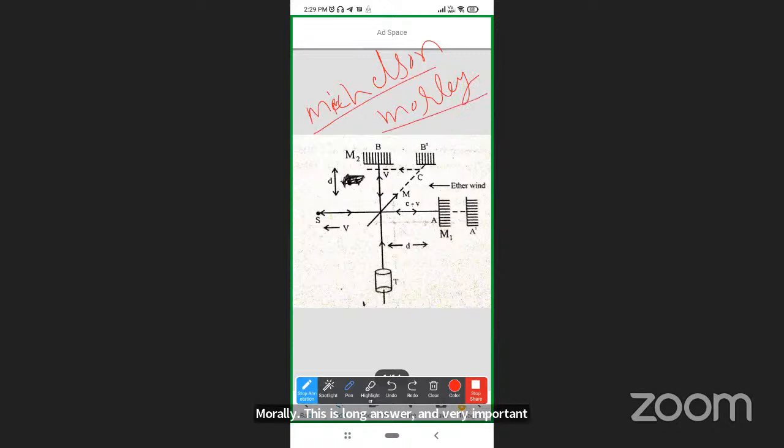In the Michelson-Morley experiment, S is the monochromatic light source and T is the telescope, and these are mirrors. M1 and M2 are mirrors, and M is also a mirror.